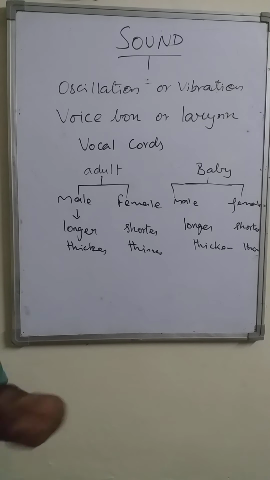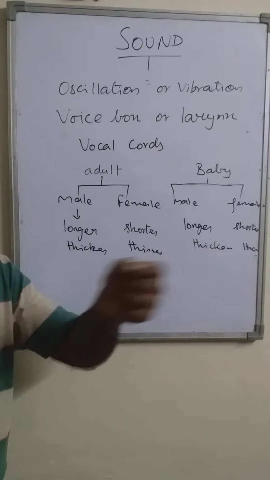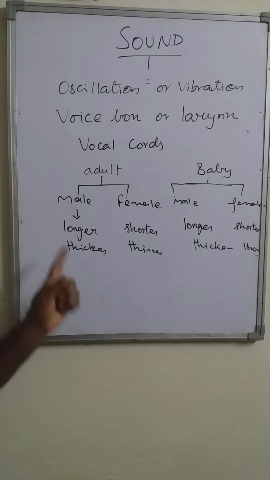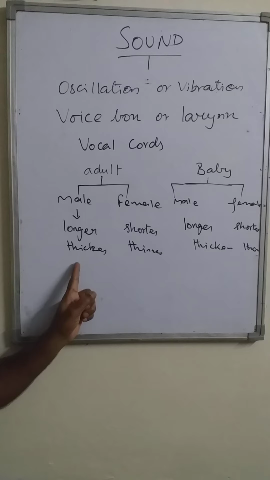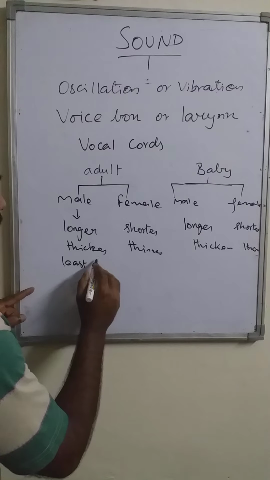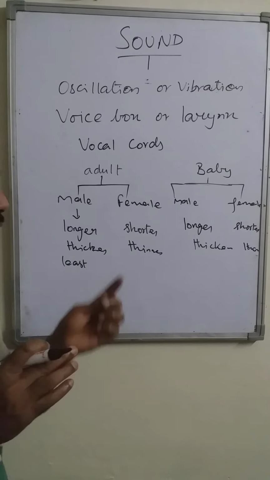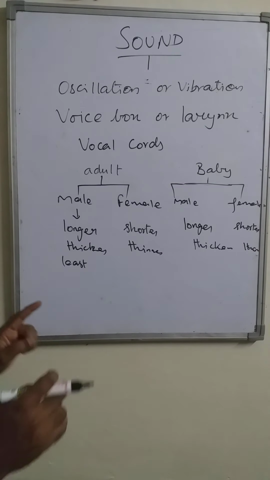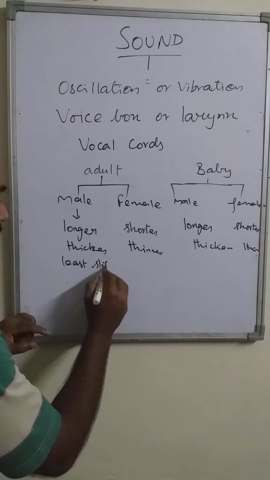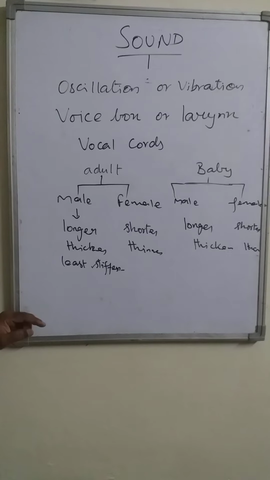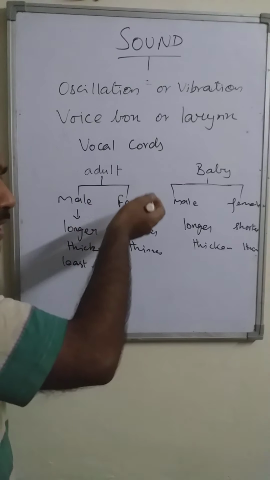And coming to the stiffness, because of the longer and thicker vocal cord, the stiffness is least. Least means, among the 4 categories, male adult has the least stiffness. And here in female adult, stiffness is somewhat increased, more.